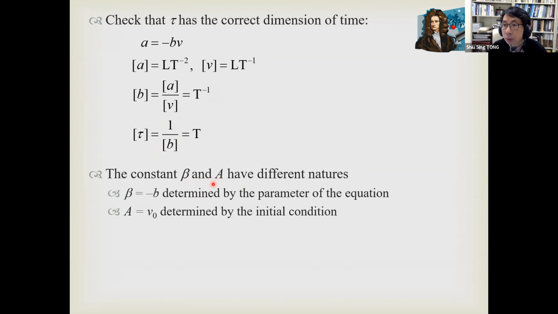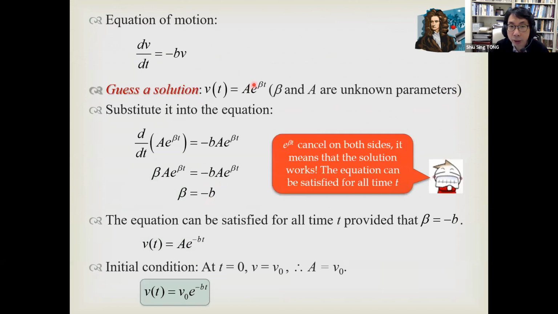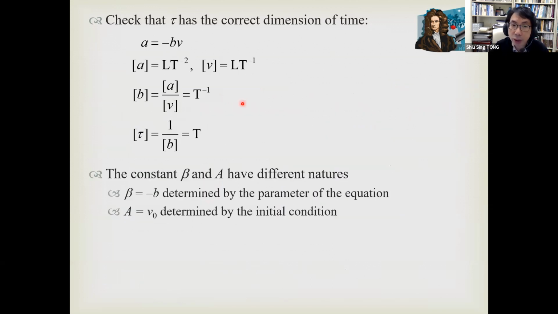We assume the solution of this form, right? In our initial derivation, we assume the solution to contain two constants, the constant A and the constant beta. But these two constants have different meanings in our derivation. The constant beta is determined by substituting the trial solution into the equation.